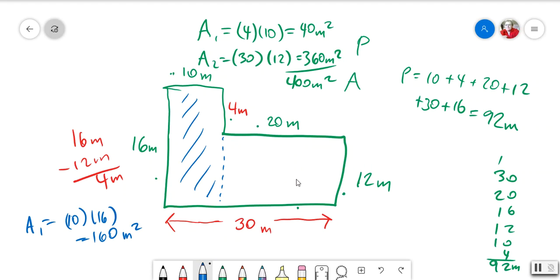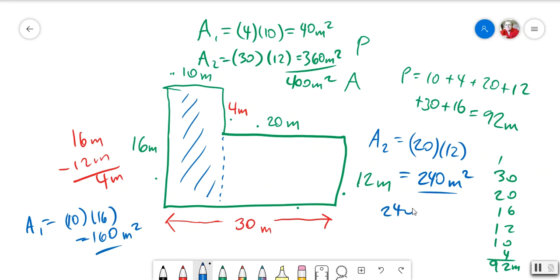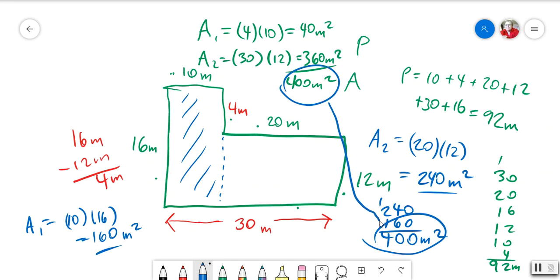This block in here, the unshaded one, is going to be area 2. Going to be 20 times 12. 2 times 12 is 24, so 20 times 12 is 240 square meters. I take area 1 plus area 2 to make the total area. So 240 plus 160. 0 plus 0 is 0. 6 and 4 is 10. Carry the 1, 2, 3, 4. 400 square meters, which is exactly the same thing as I would have got if I would have done it that way.